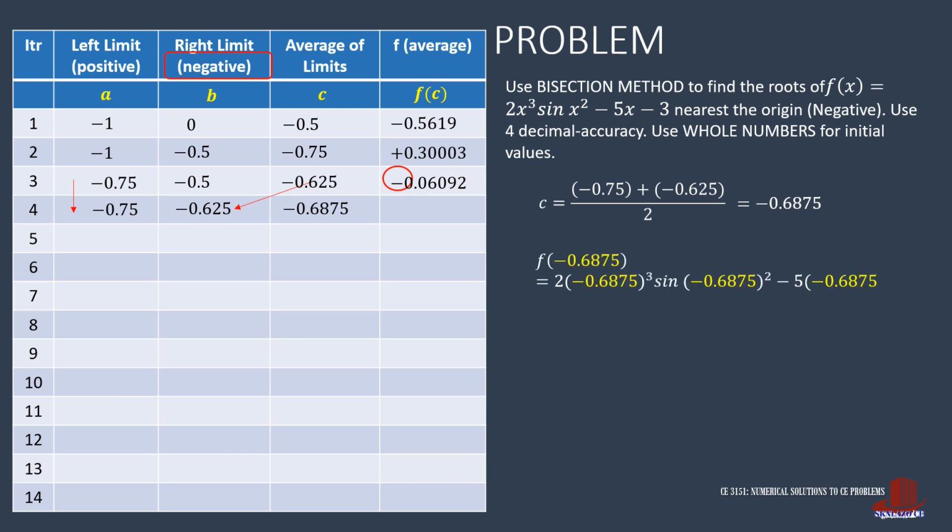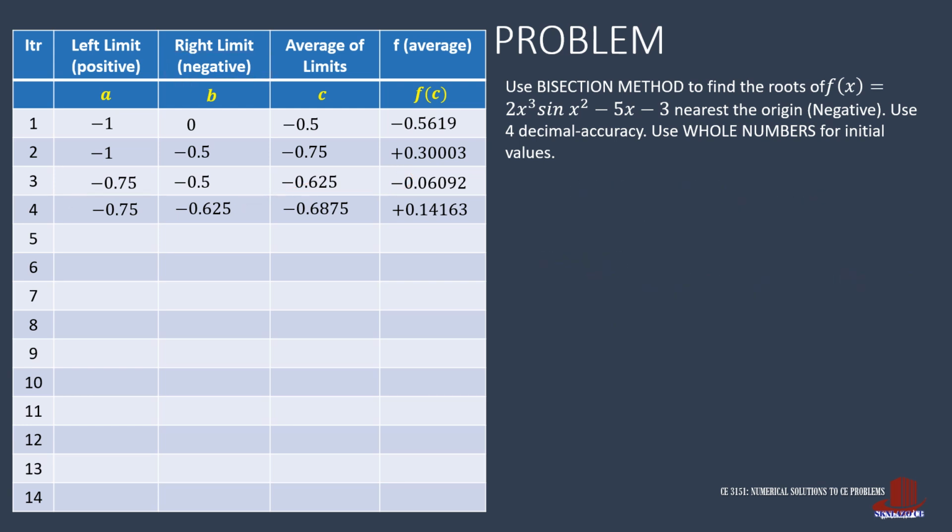Use this value in the function and have 2 times -0.6875 cubed, sine of -0.6875 squared, minus 5 times -0.6875 less 3, giving positive 0.14163.